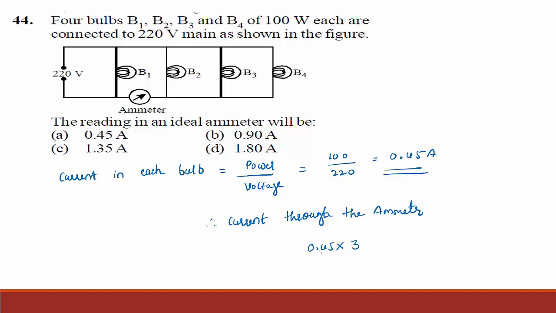Already we got for one bulb value. For 3 bulbs means multiplied by 3. So we will get the total current through the ammeter, that shows 1.35 ampere. So 1.35 ampere means option C is right.